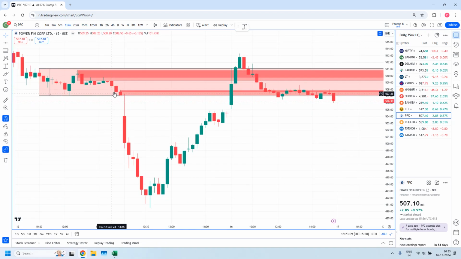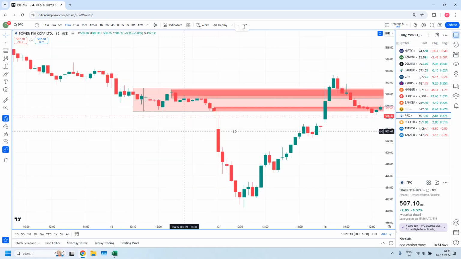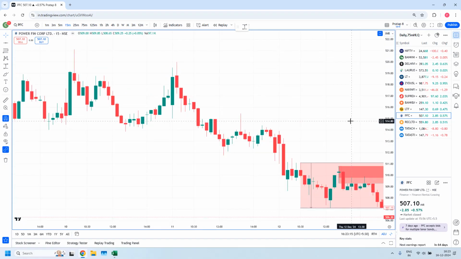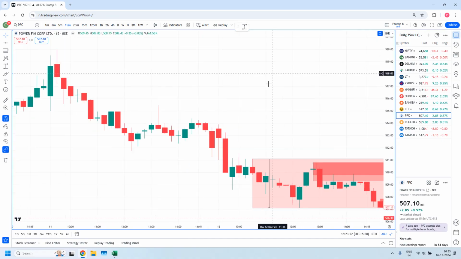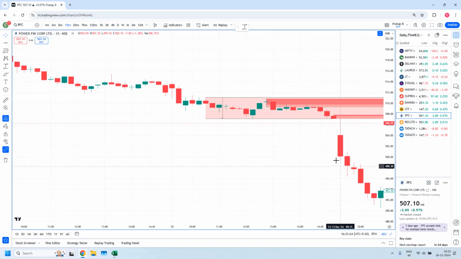Here you have a 15 minutes order flow: drop, base, drop. If you hide the candle, you see this is a big candle. See here, this is a drop candle, this is a small base candle, and then a drop candle. That's why this is a valid 15 minutes fine-tuned order flow.